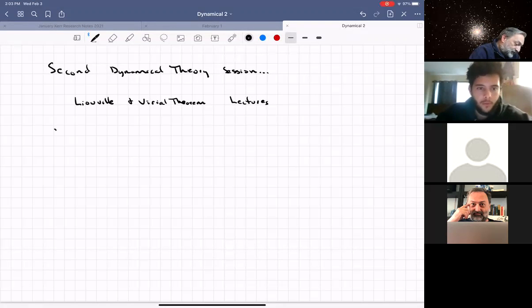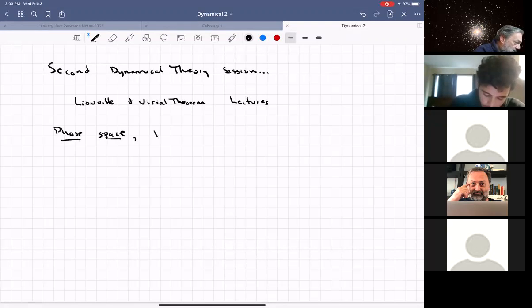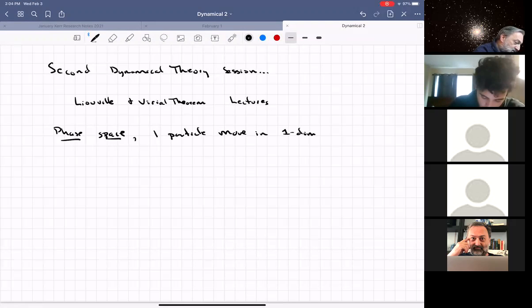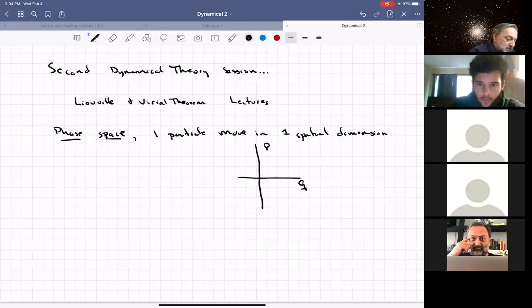Okay, so to remind ourselves, phase space for one particle that can move in one dimension, one spatial dimension, we use the word phase space to mean the space that consists of the momentum of that particle and the coordinate position of that particle.